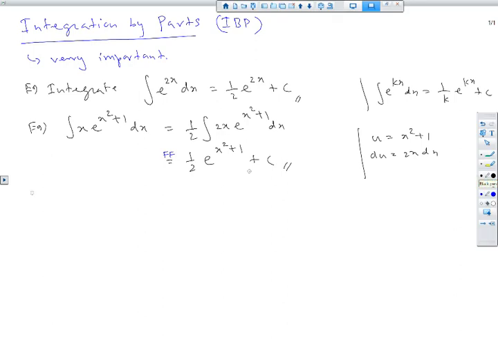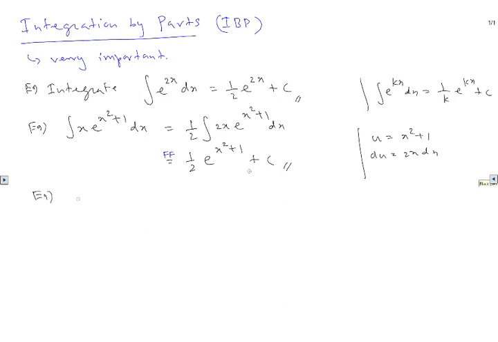If you look at this example, let's make the problem look a little easier. We had x e to the x squared plus 1. Instead, let's say x e to the x dx. How about that? Now you can see that if you consider x as a function in the exponent, the derivative of x is 1, not x.